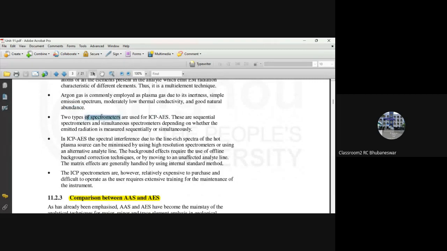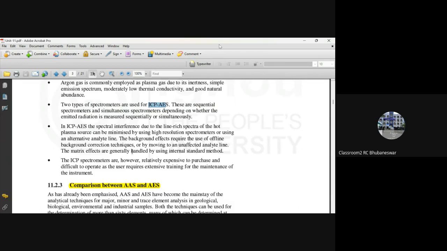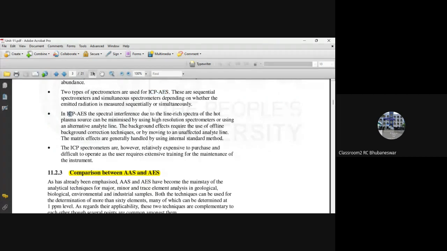Two types of spectrometers are used for ICP-AES. These are the sequential spectrophotometer and the simultaneous spectrophotometer, where the source of atomization is ICP, that is inductively coupled plasma. In ICP-AES, the spectral interference due to line-rich spectra of the hot plasma source can be minimized by using high-resolution spectrometers or using alternative analyte lines.